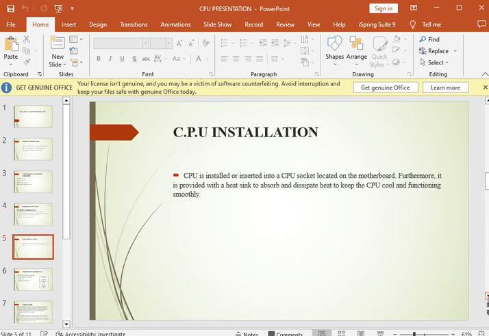Then we have CPU installation. CPU is installed or inserted into a CPU socket located on the motherboard. Furthermore, it is provided with a heatsink to absorb and dissipate heat to keep the CPU cool and functioning smoothly.